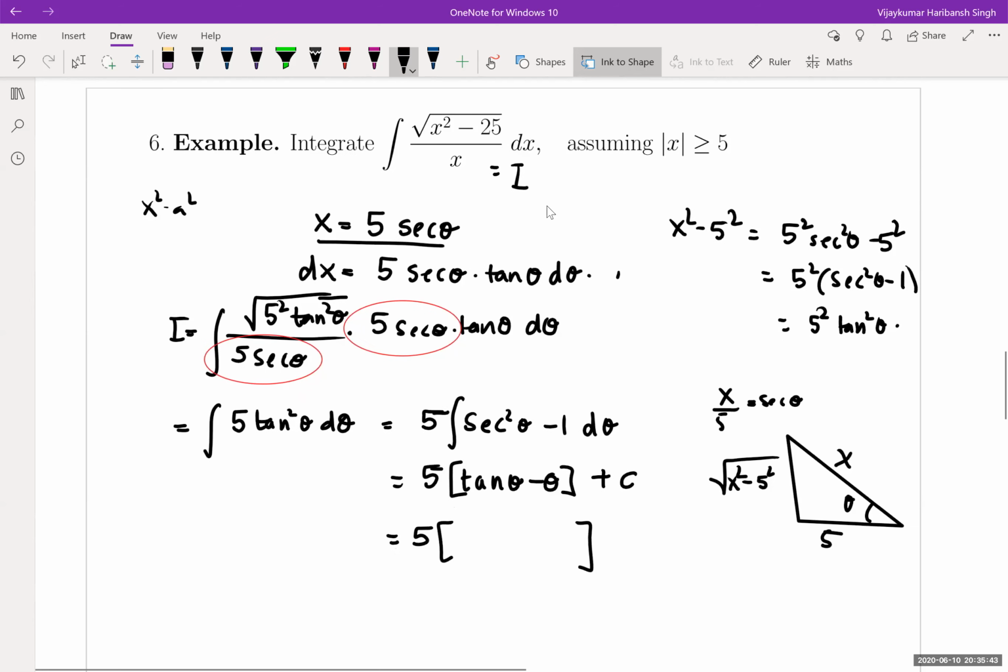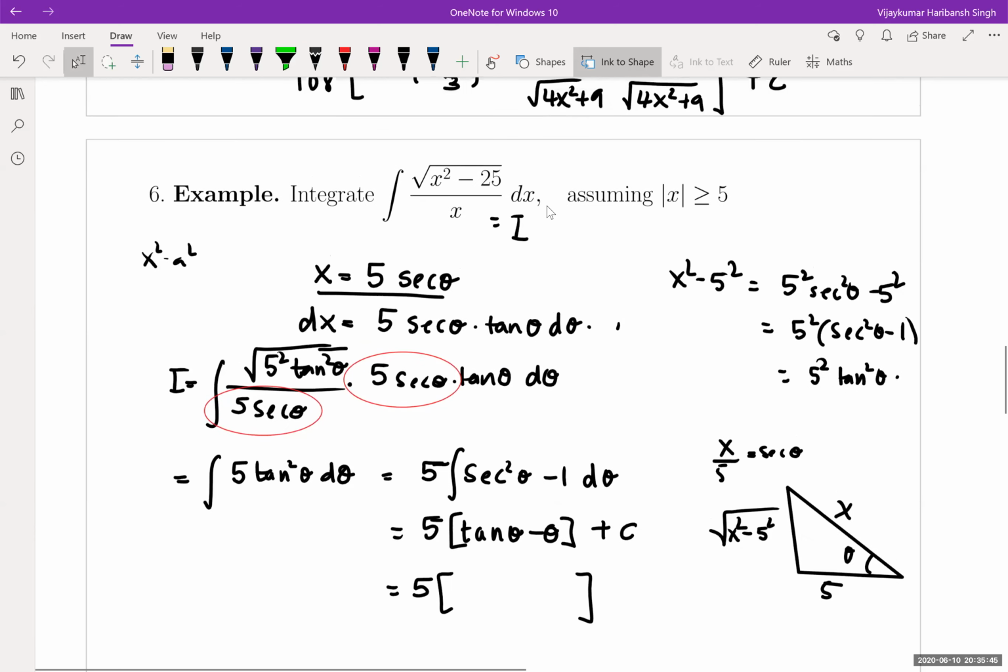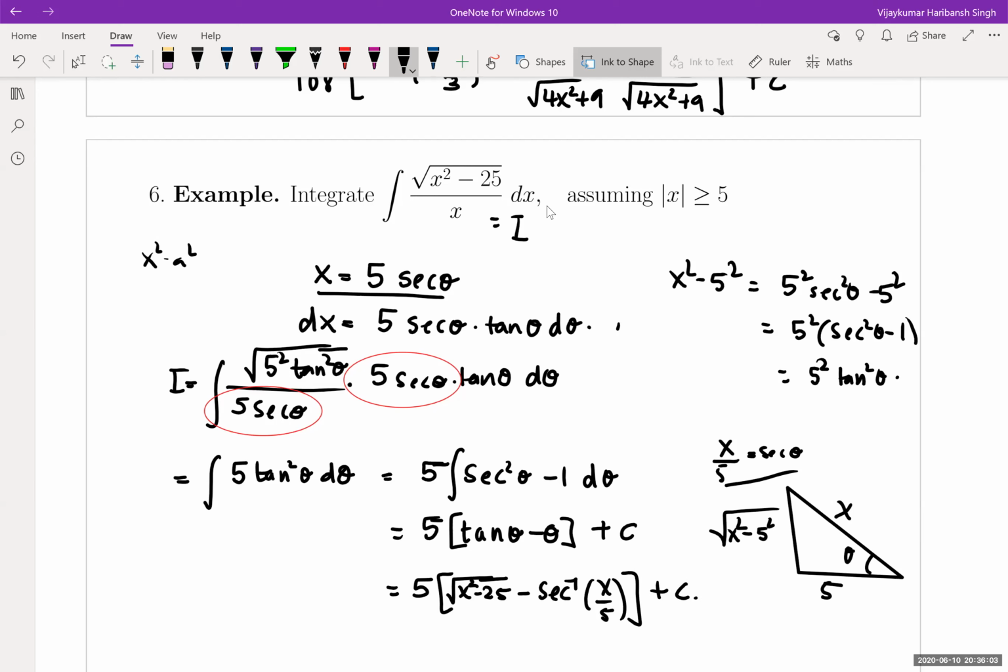So then we get tan theta is square root of x squared minus 25, and theta is secant inverse of x by 5, plus c. So this is how this game goes.